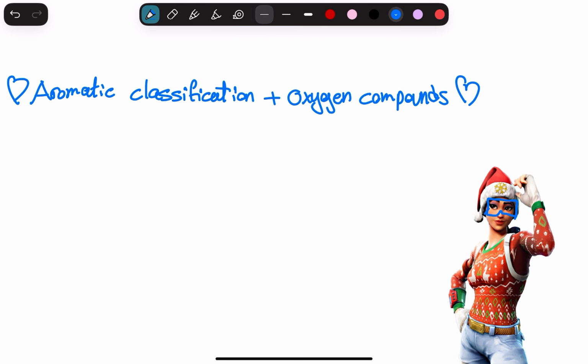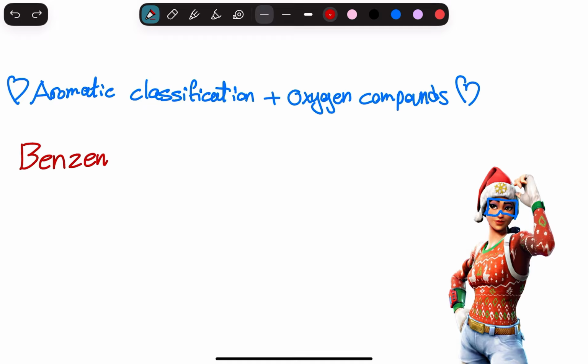So aromatic classification is what we're going to start with. With the aromatic classification, there are aromatic compounds, and the one that we're going to be talking about today is called benzene.